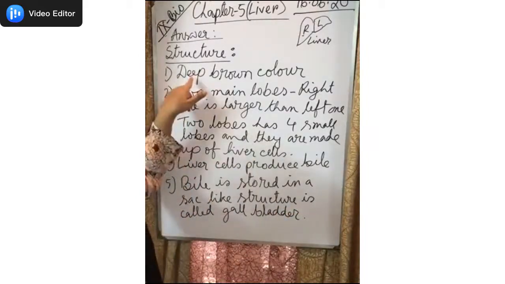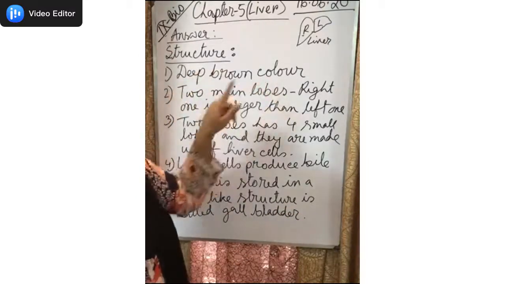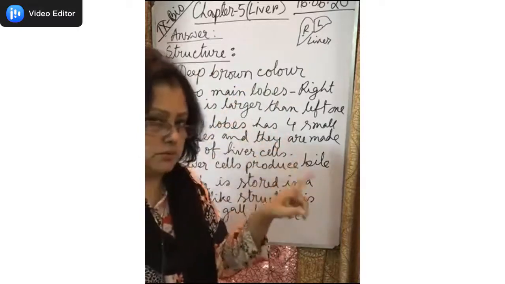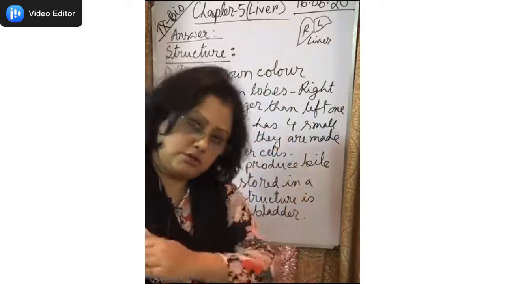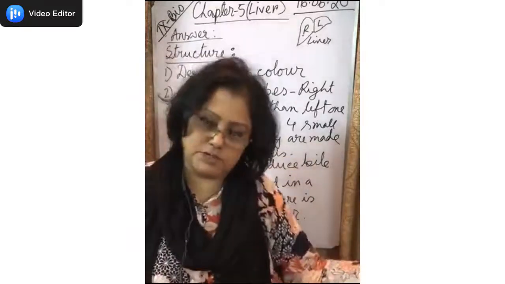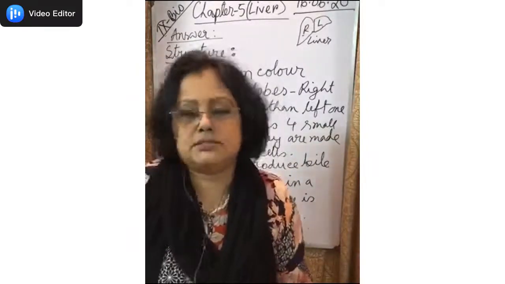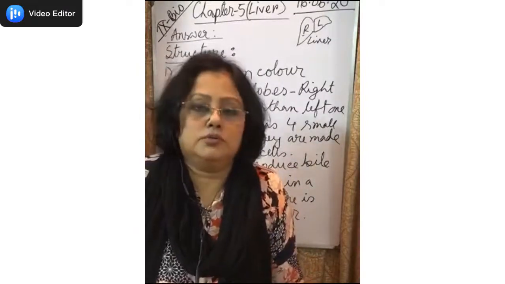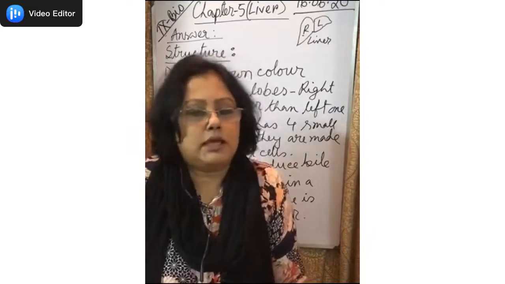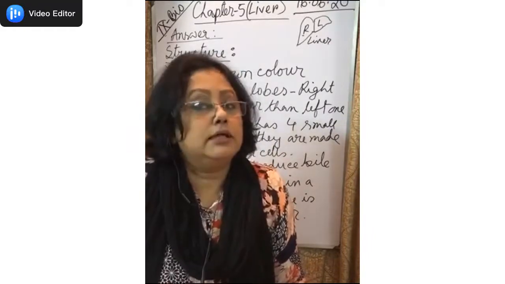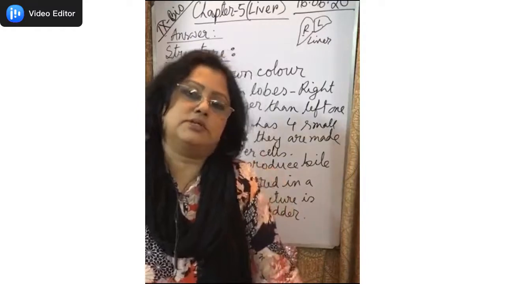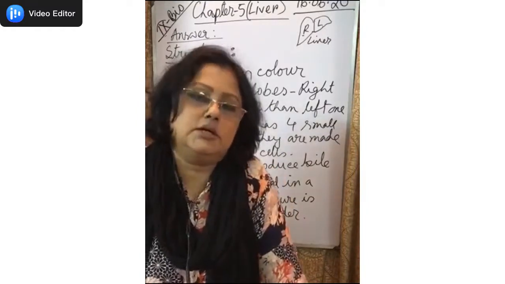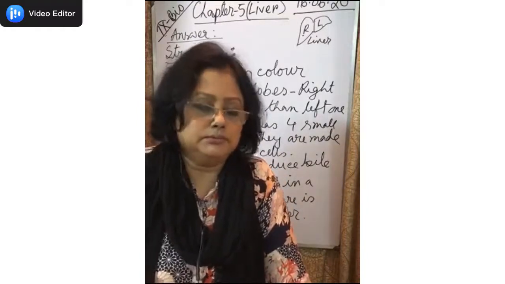The liver looks deep brown, and it has 2 main lobes, and the right lobe is larger than the left one, and these 2 lobes have 2, 4 more discontinuous lobes, and those are made up of liver cells. These liver cells are very special because they produce bile.